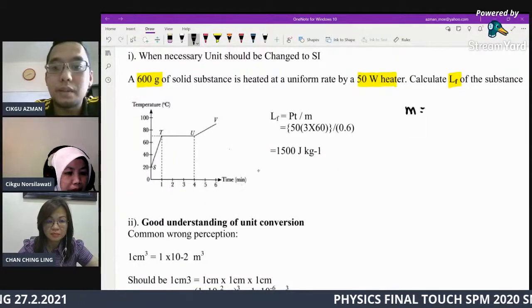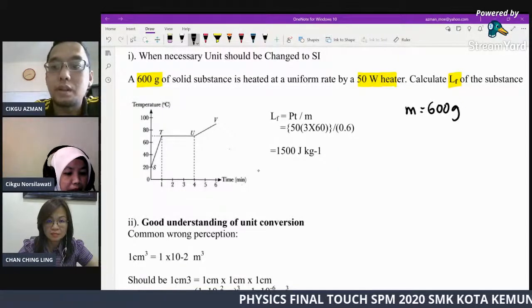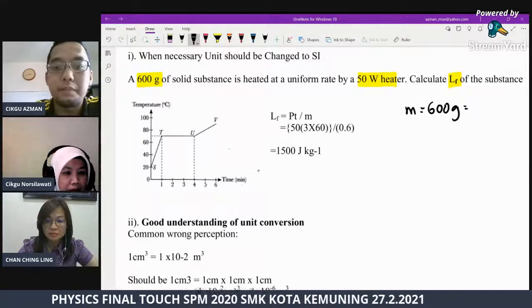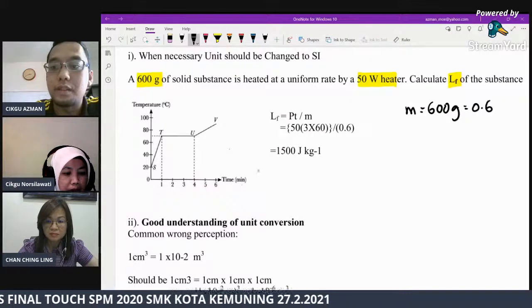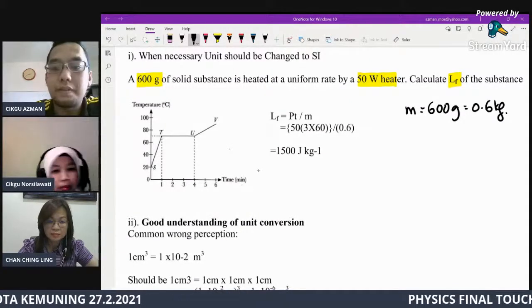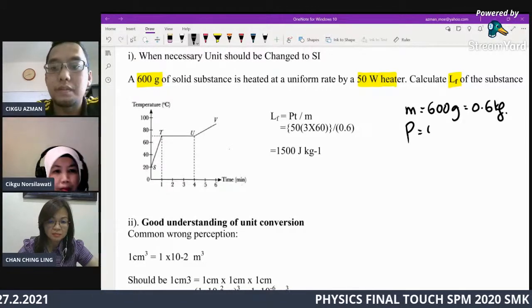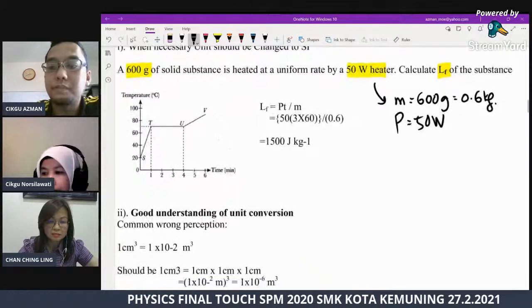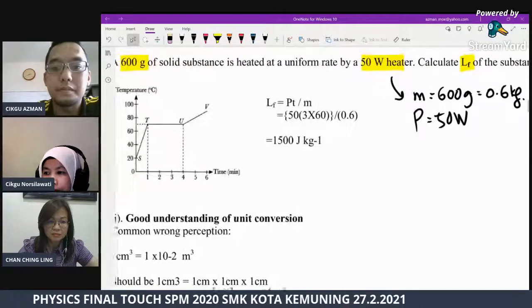Mass. We have 600 gram. Automatically tukar terus in kilogram, which is 0.6 kilogram. Okay, next we have power 50 watt. Apa lagi dia bagi?